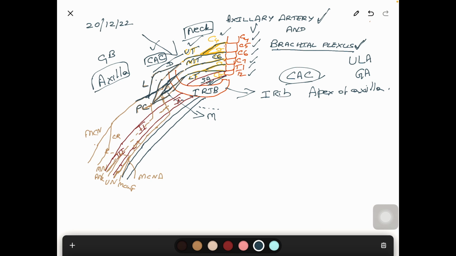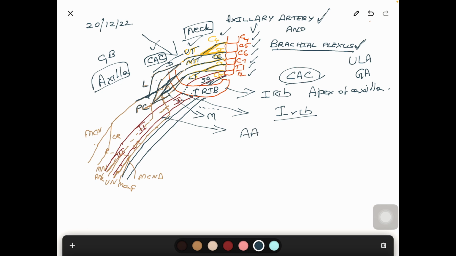So the subclavian artery, when it passes beneath the first rib, from the outer border of the first rib, is now called the axillary artery.